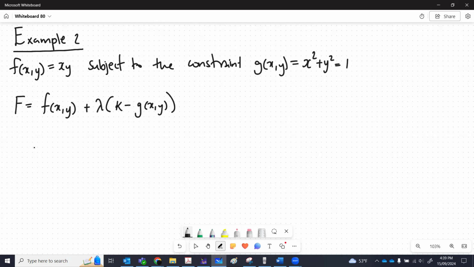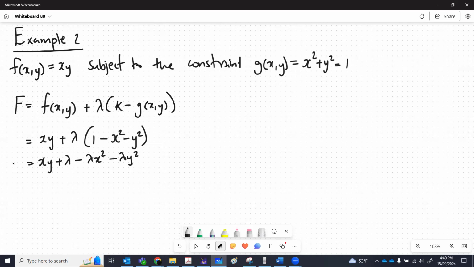So this is the formula we know already. And what is this going to give us? A function f, this is xy. And then we add lambda. Our k is 1, so we say 1 minus x squared minus y squared. And then if we multiply everything out, we have xy plus lambda minus lambda x squared minus lambda y squared. So this is our function over here.